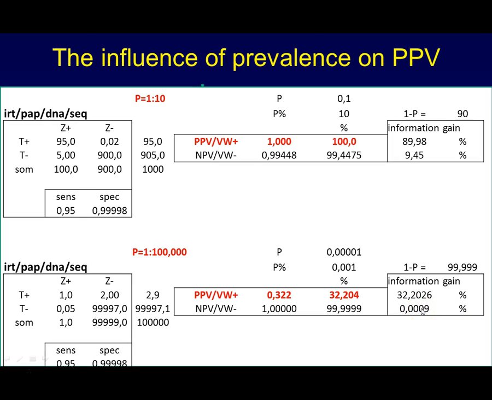In other words, we have to have very good reasons to apply a test in a population with a low prevalence, because the information gain is low and the positive predictive value is very low. It is better to have a certain prevalence in order to apply a test.